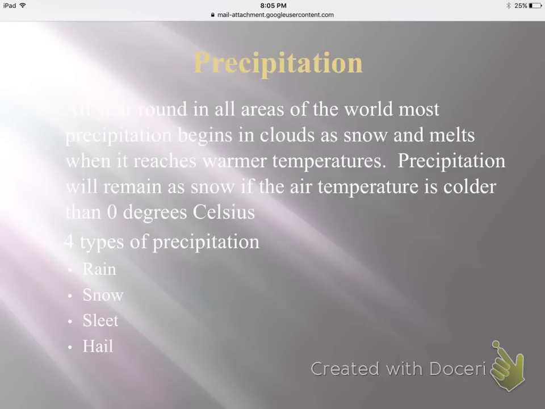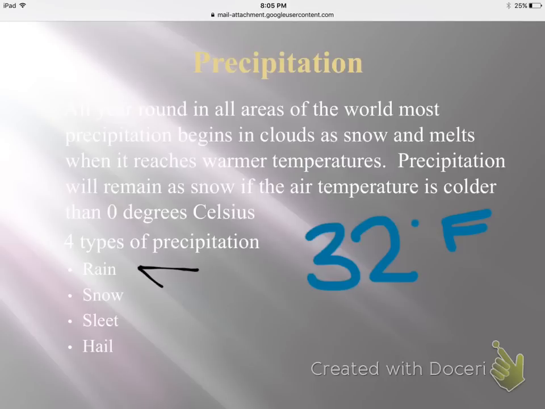Now, precipitation will remain as snow if our air temperature is colder than 0 degrees Celsius, which in our conversions is 32 degrees Fahrenheit. Okay, so that precipitation coming down will stay in the form of snow if our air temperature is cold enough. The 4 basic types of precipitation that you need to know are rain, snow, sleet, and hail. All right.